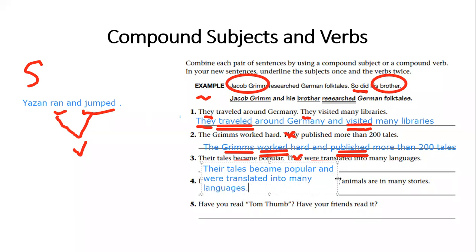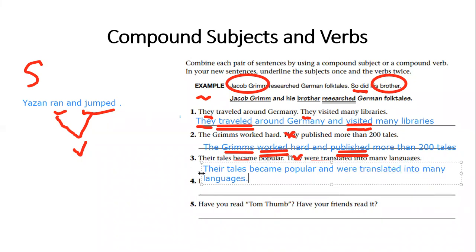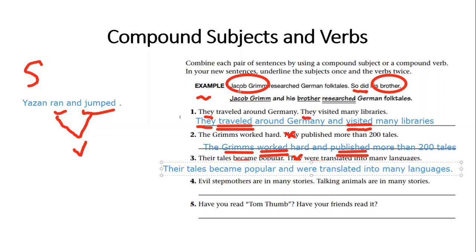This is how I want you to think, and how I want you to answer, and know which one is exactly the subject and which one is the verb. So here we are having one subject, which is tales. So underline it once. And we're having compound verbs.